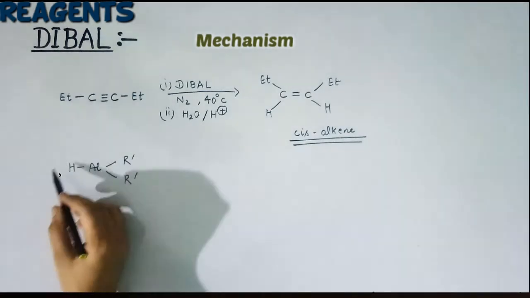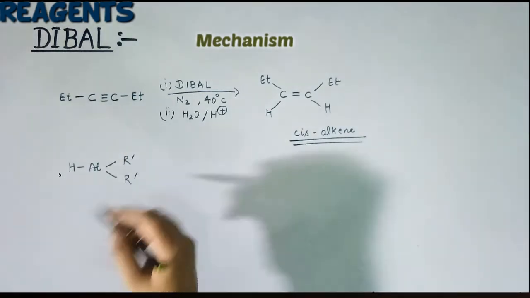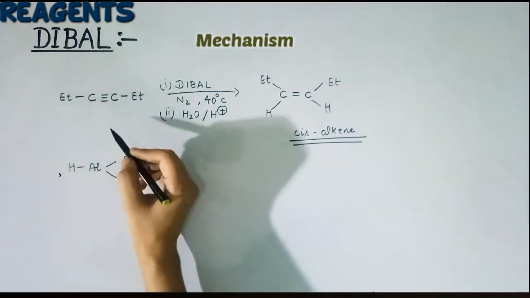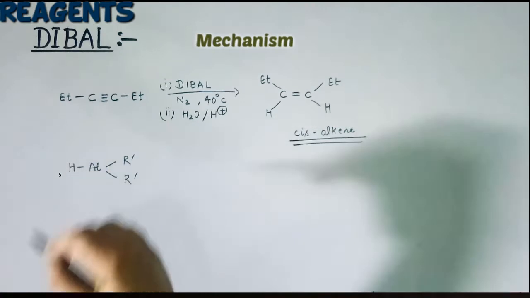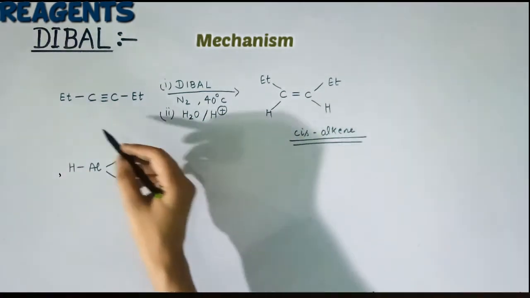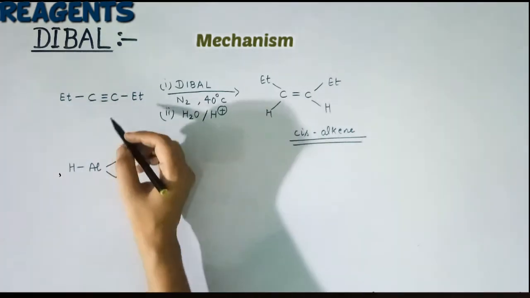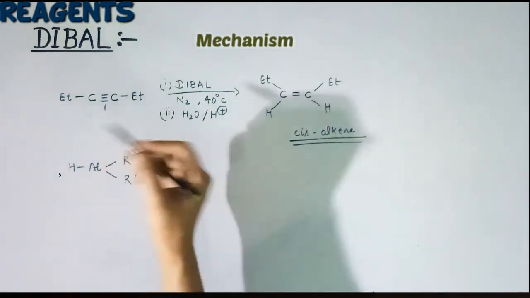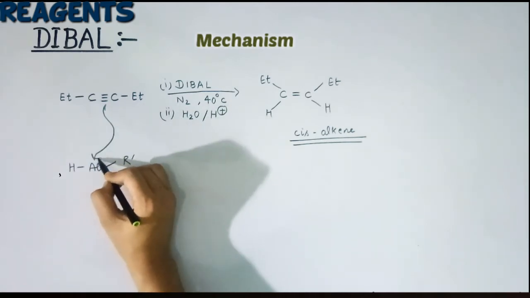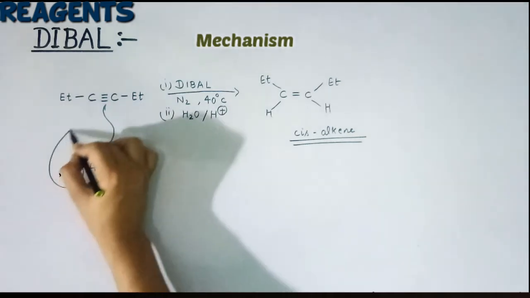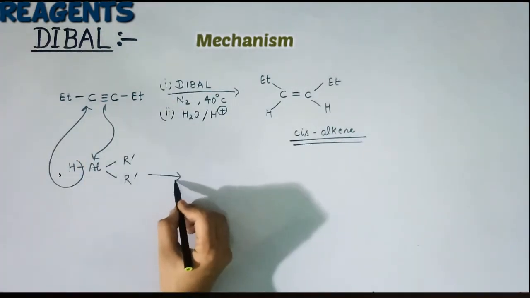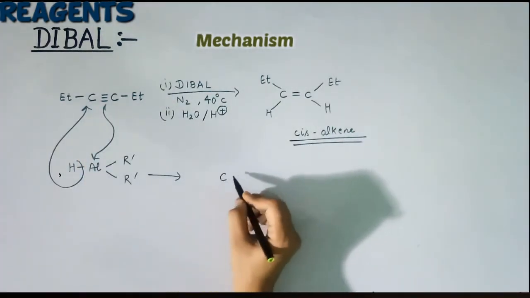Here you can see this is DIBAL, and we have considered those bulkier groups as R dash for the sake of convenience. And we know that an alkyne has electron density because of the pi bond, and pi bonds are weak. So this bond breaks very easily. So what will happen, this will react like this, and this hydride will attack this carbon. Now let us see what is forming.